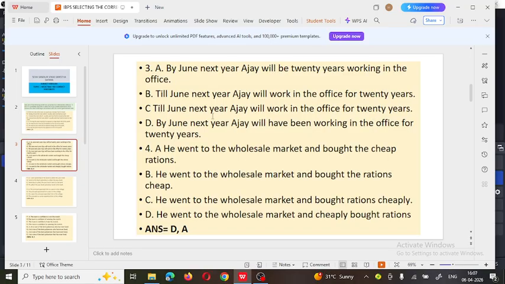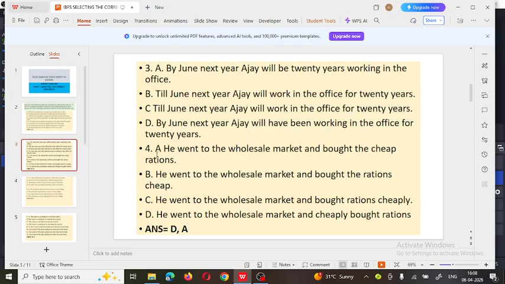And that you are able to observe in the fourth option. By June next year, Ajay will have been working in office for 20 years. Means till that day, his service continues. And that's why he will have been working. Work plus ing and will have been is used here. So option D is correct here.